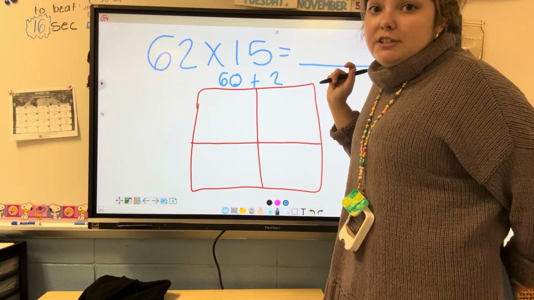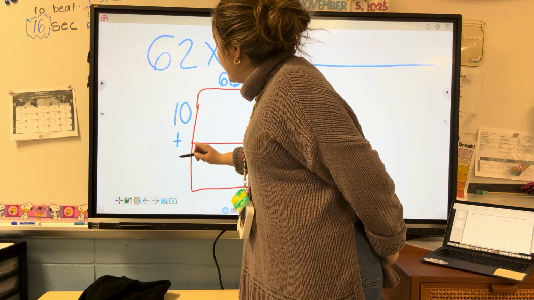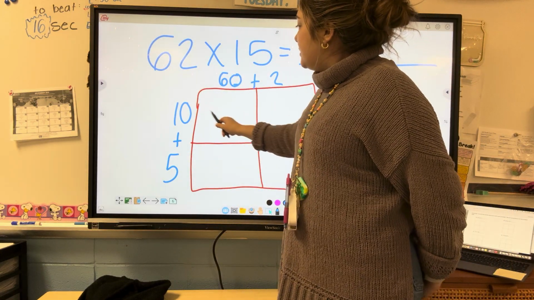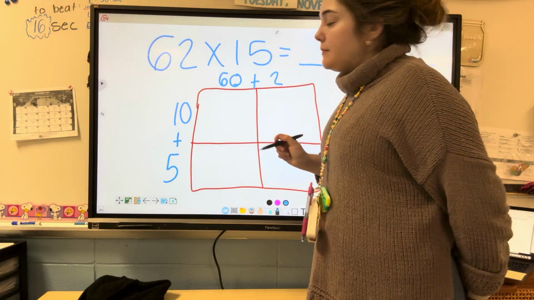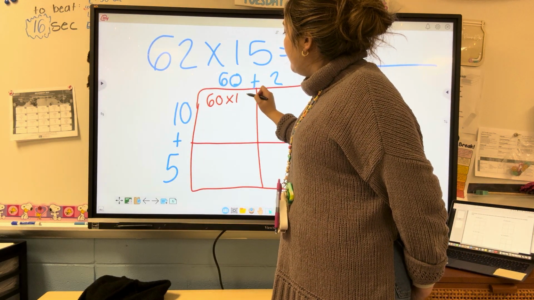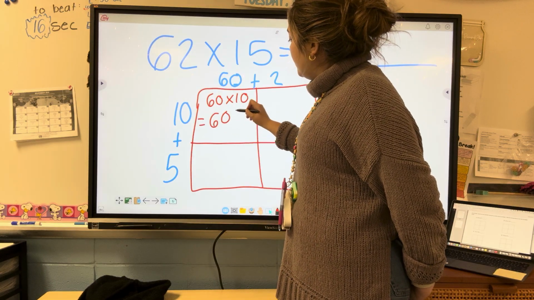Okay, I have my 15. I break it apart by my 10s and my 1s. I have 10. And I have 5 1s. Okay? In my very first box, I'm going to do my 10s. 60 times 10. 600.